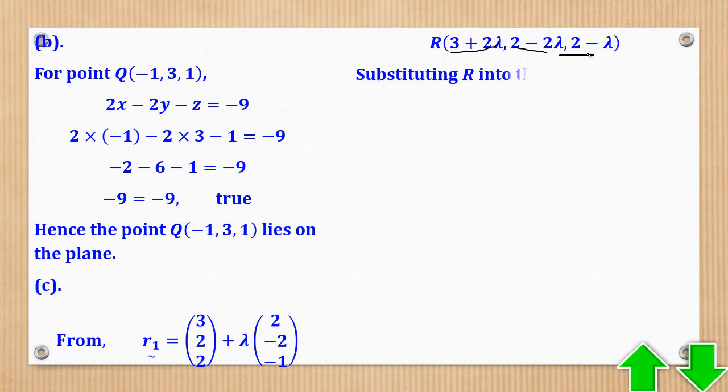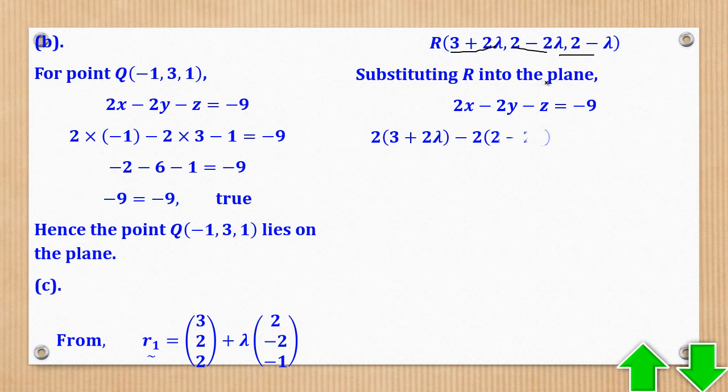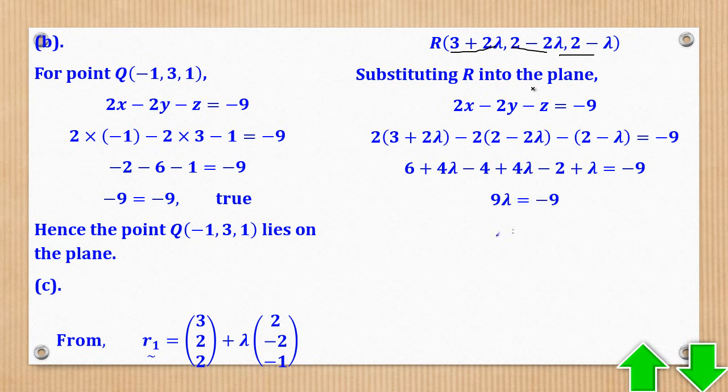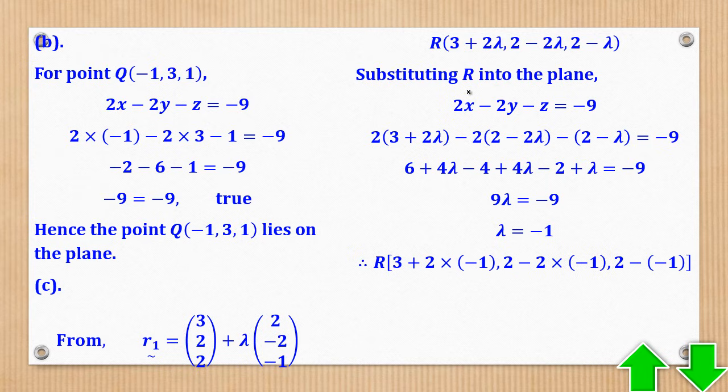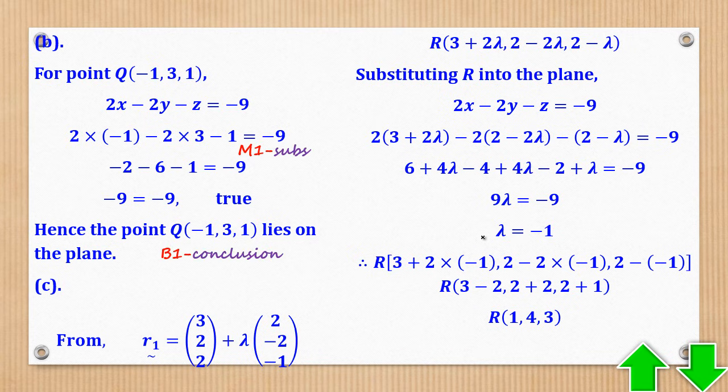Now substitute those coordinates into the equation of the plane. You'll have one unknown, simplify to get the value of that unknown as -1. Now when I substitute this -1 here, I'll be able to get the coordinate of the point they want, which is that, and that's what they wanted in part C.